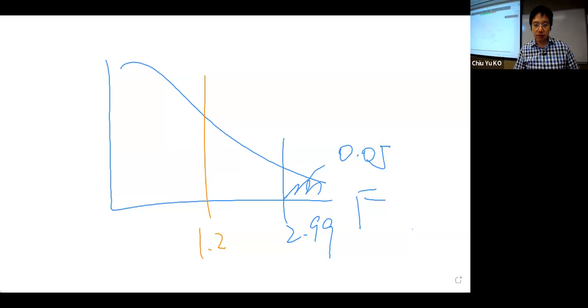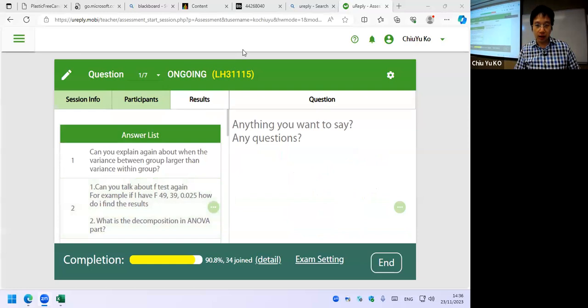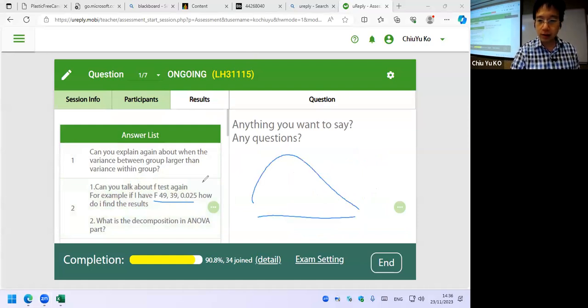The second question is how do I find this one? Oh, this one? This one is just this, right? This is 0.0.